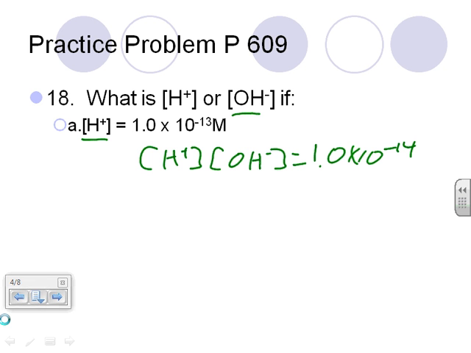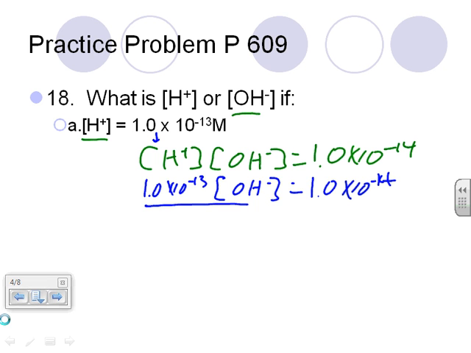When we solve this, we are given H+. So 1.0 times 10 to the minus 13th times the concentration of OH- is equal to 1.0 times 10 to the minus 14th. We're solving for OH-, so we'll just divide both sides by 1.0 times 10 to the minus 13th.